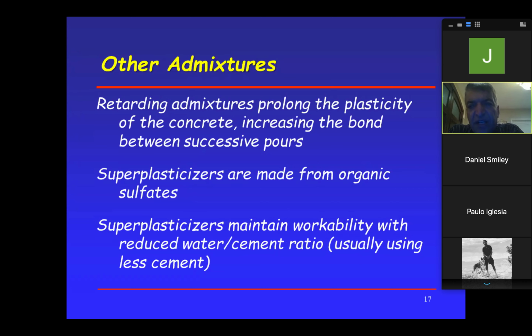So water-cement ratio means the amount of water over cement. It could be by weight, like 10 pounds of water over 50 pounds of cement, or say 10 cubic feet of water divided by 20 cubic feet of cement. As long as you're consistent, it's okay. It's going to be defined.